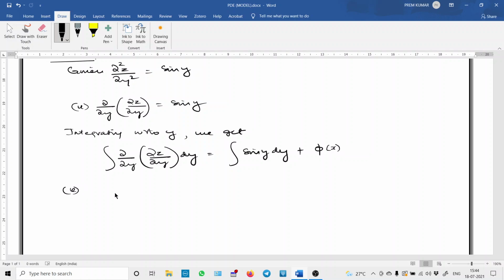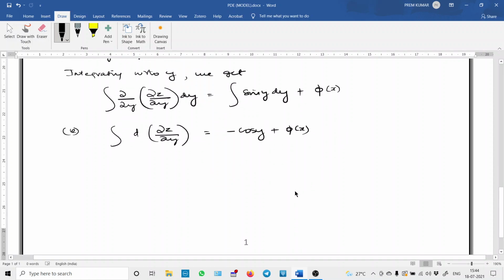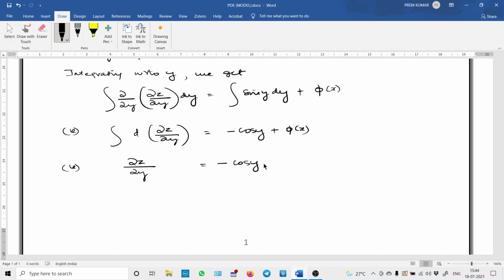That is, this becomes the integration of d of ∂z/∂y, which equals the integration of sin y, which is minus cos y, plus some function of x. That is, this is nothing but ∂z/∂y = −cos y + pi(x).